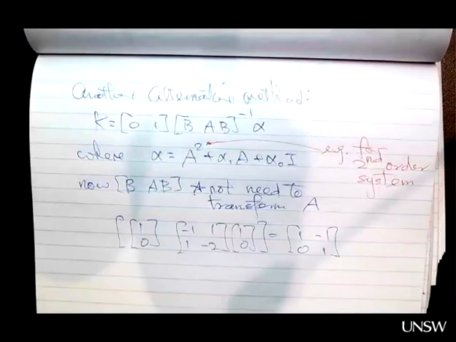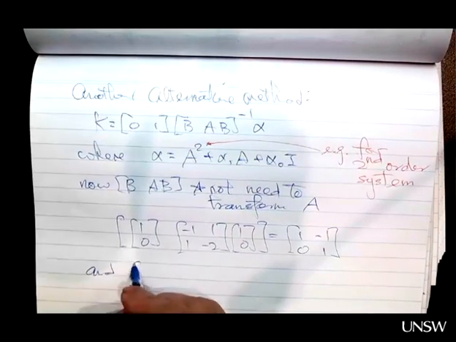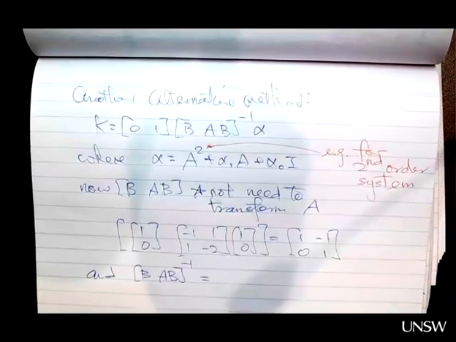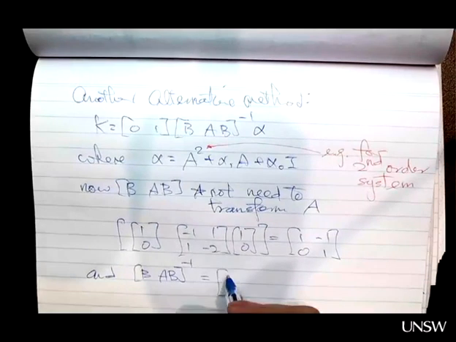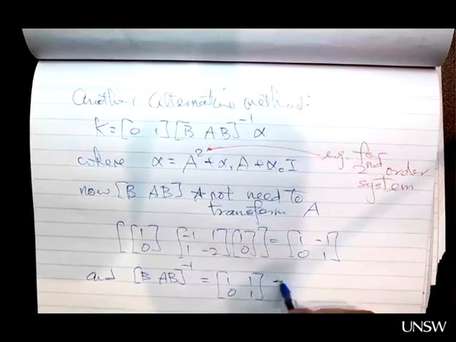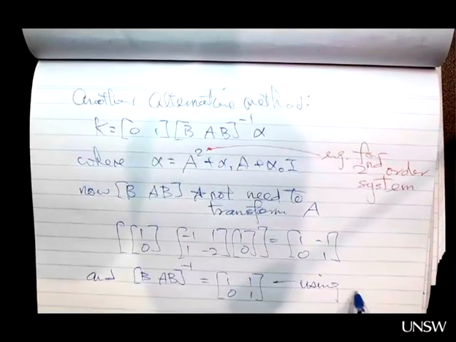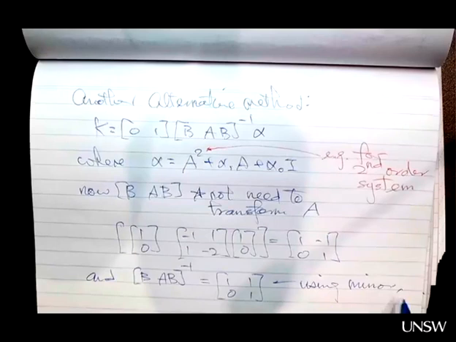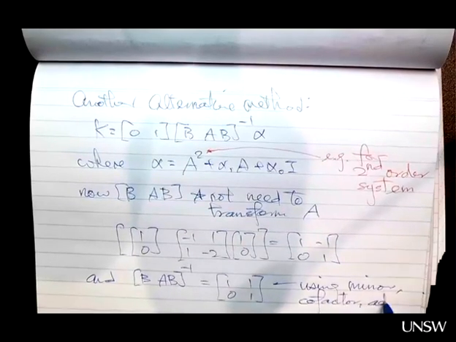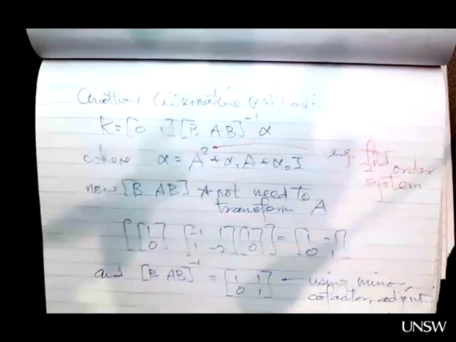So for the inverse of this matrix, if we work it out carefully, it becomes this one. Using minor, cofactor, and then adjoint, we can calculate the inverse.